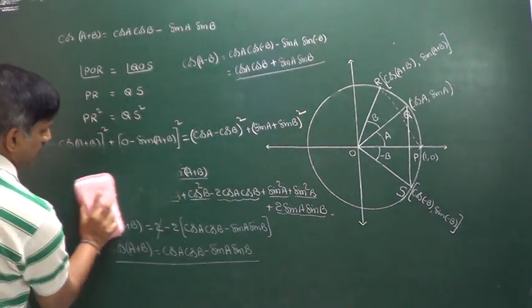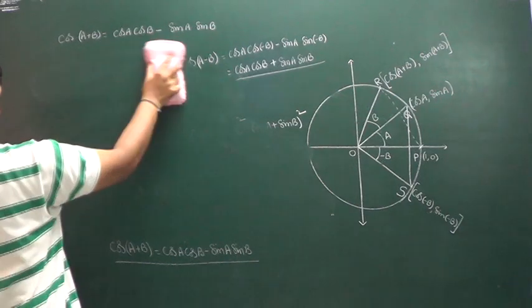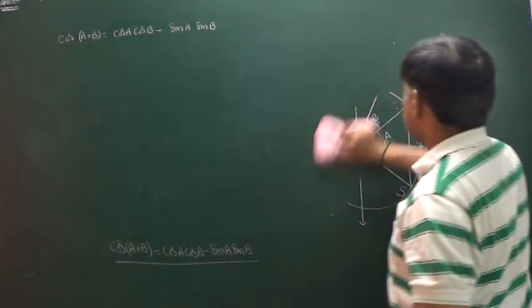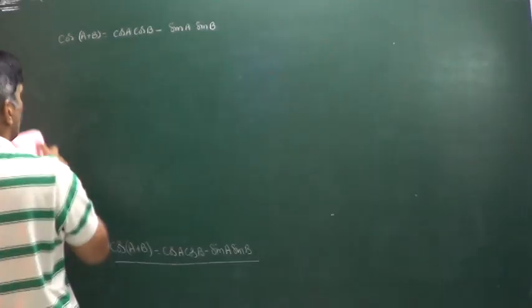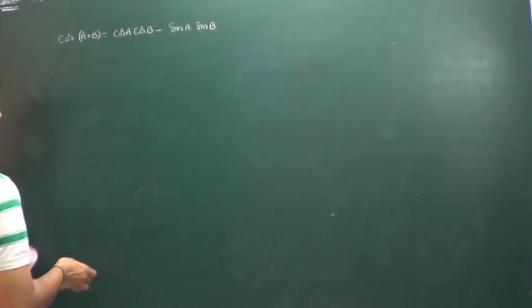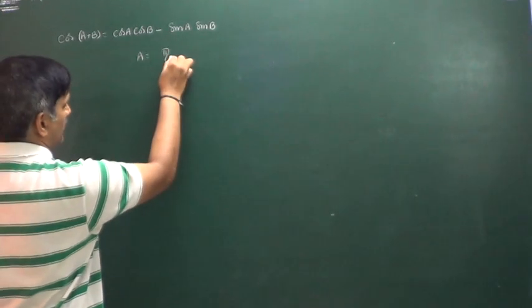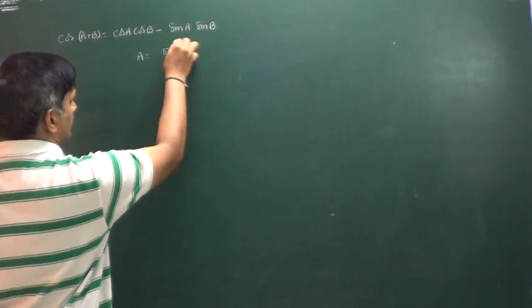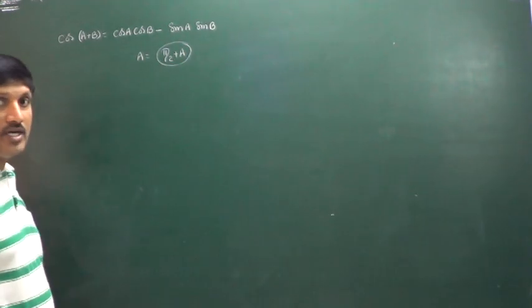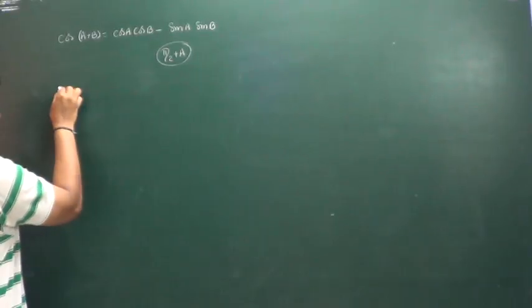Observe here, we want to find out the formula for sin of A plus B. So if you want to find the formula for sin of A plus B, then what to do? Here this is the formula we derived for cos of A plus B. Now wherever A is there, in place of A, replace 90 plus A. Then what happens?